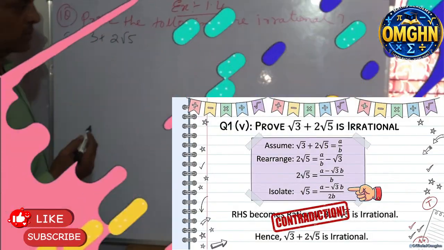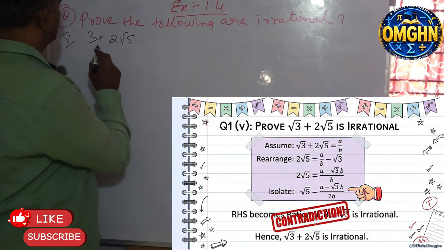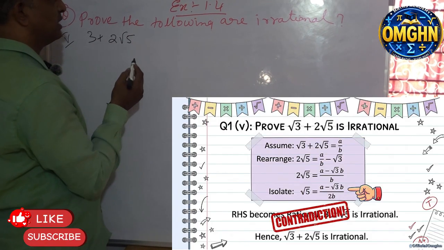Okay. Now, fifth question. That is, 3 plus 2 root 5 is an irrational number.